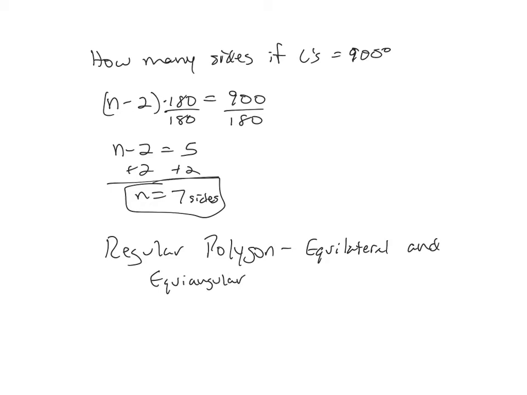All the sides are congruent, all the angles are congruent. The most popular version of that is a square. All the sides are congruent, all the angles are 90 degrees. So a square would be a regular polygon. That term is going to come up, and we'll do an example of how we use that in just a second.